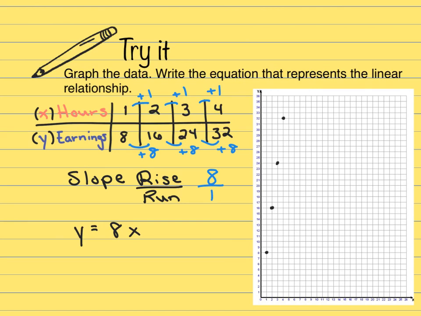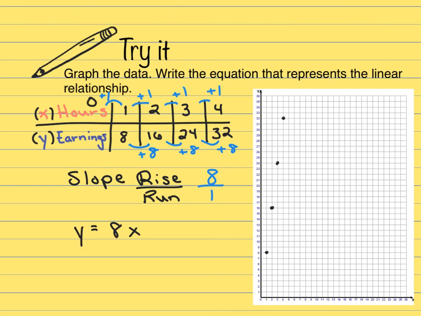We have to see where the line is going to pass or cross through the y-axis when x is at 0. So we can go back to our table of values and we can continue our pattern. 1 take away 1 is 0.